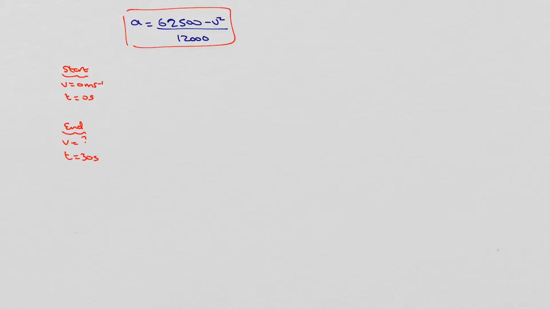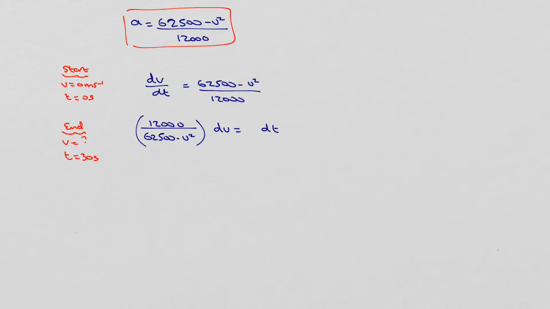So our acceleration is the rate of change of velocity with respect to time. And therefore, if I rearrange that to get my velocity on its own, I have 12,000 divided by 62,500 minus v squared, dv is equal to dt. And my upper limits are my end limits and my lower limits are my start limits.